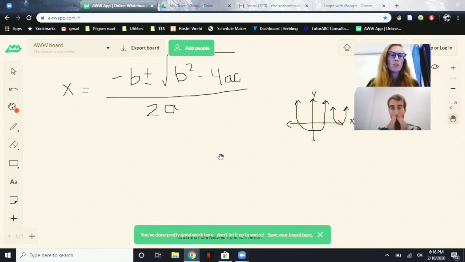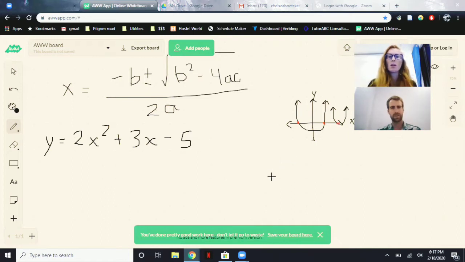Okay, so we're going to start by looking at an example problem of solving for x. Let's say we're given the problem y equals 2x squared plus 3x minus 5.